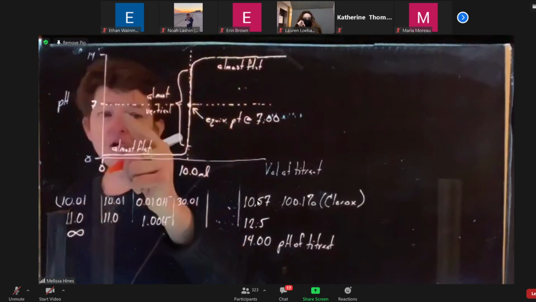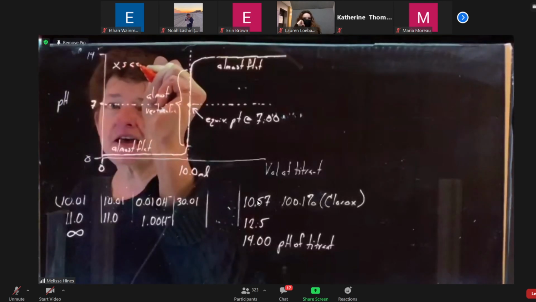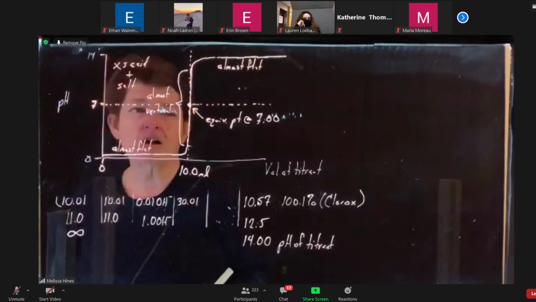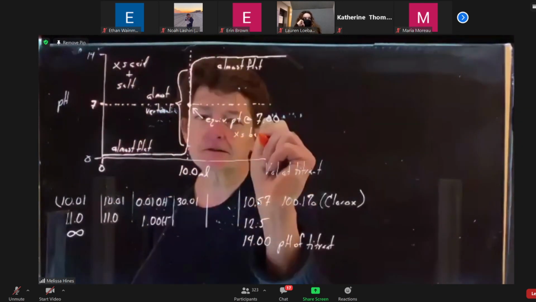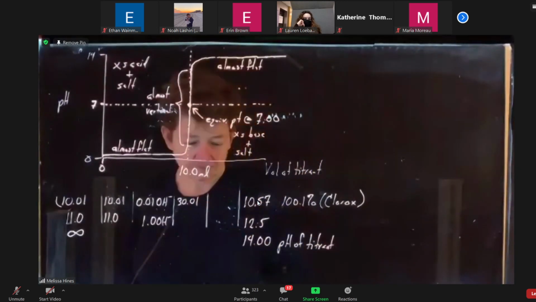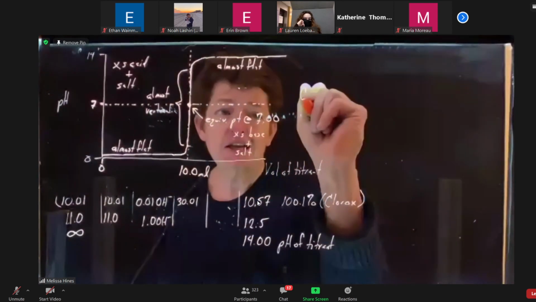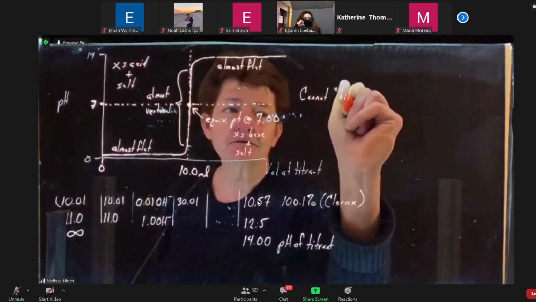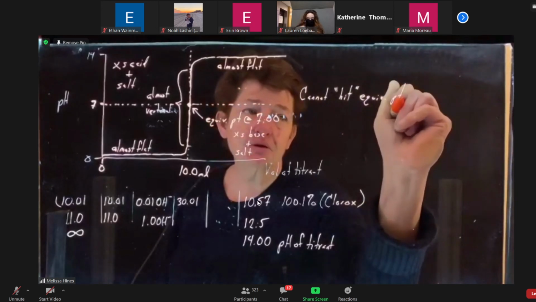Okay, in the point to the left of the equivalence point, what you're going to have is excess acid plus some salt, and we're going to ignore the salt. On the right-hand side, you are going to have excess base plus some salt, and we're going to ignore the salt. Okay, so the important thing that you want to remember of this is that you cannot hit your equivalence point in the lab under typical conditions.